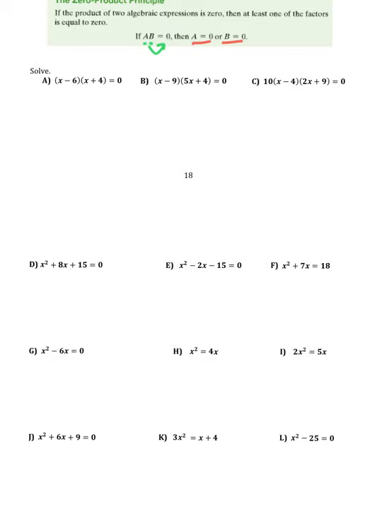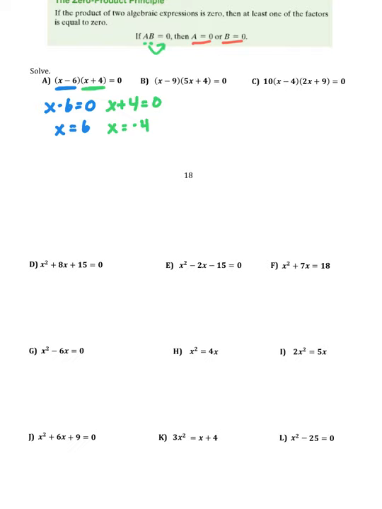Something times something else is equal to 0, so we know either x minus 6 is 0 or x plus 4 is equal to 0. One of those things is definitely true. So when I solve, I have x equals 6 or x equals -4.